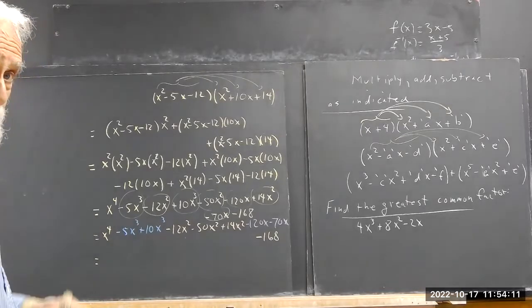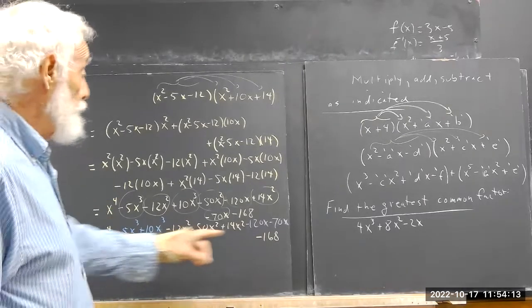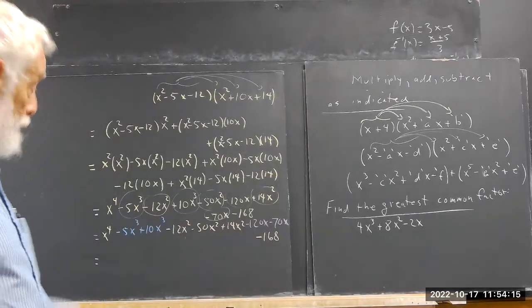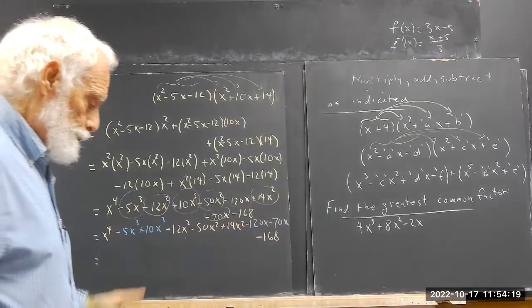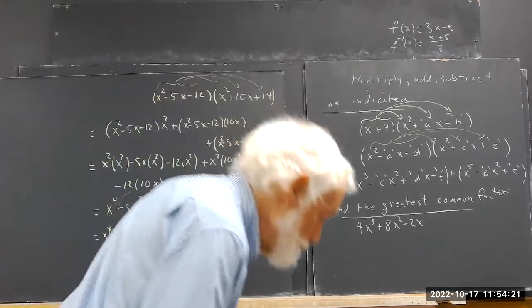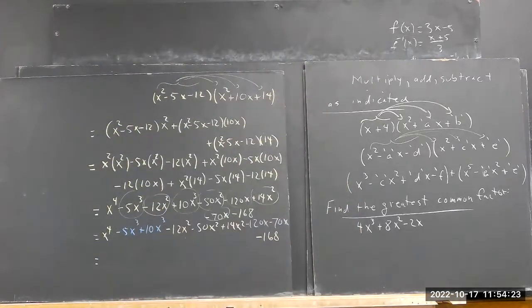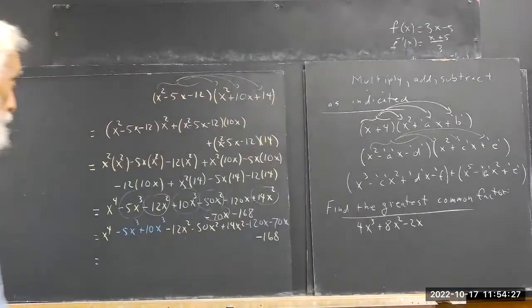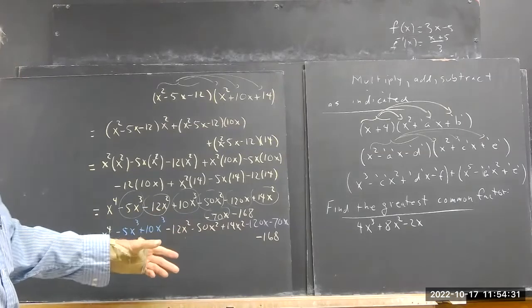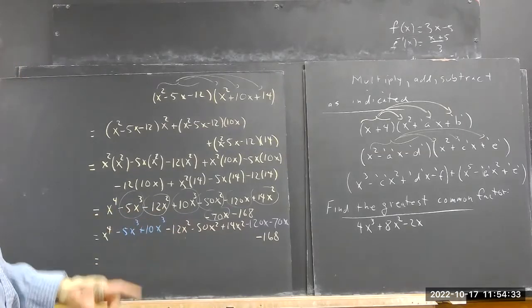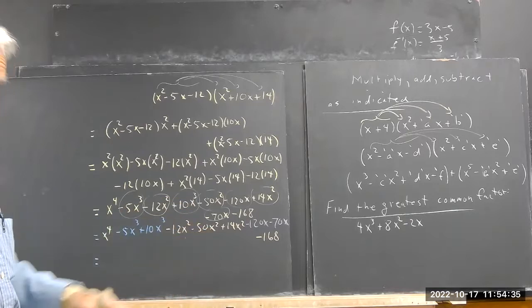So I recommend you do this step. Because again, we have additions and subtractions. We can group them and put them in any order we want. It's an application of what's called the commutative and associative laws of addition. But the bottom line is we can rearrange these as long as we keep the signs right.